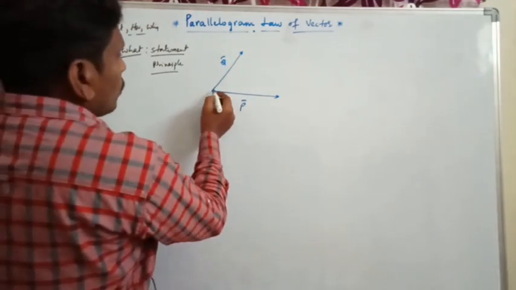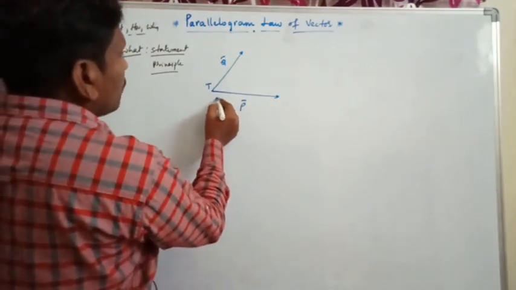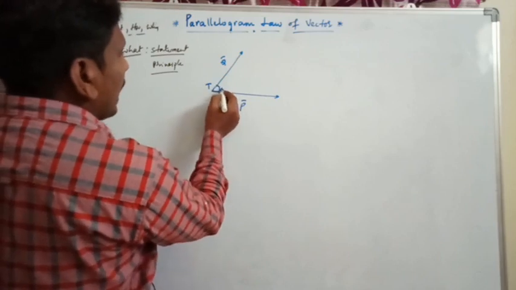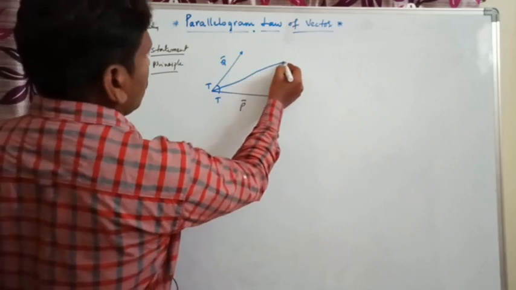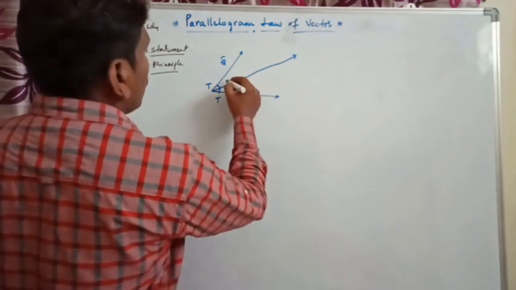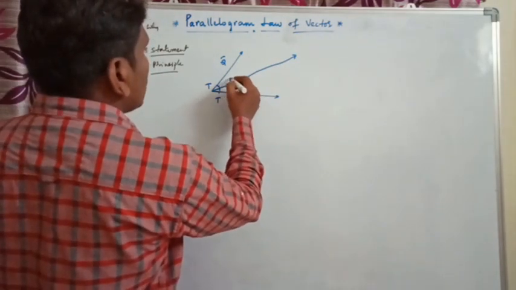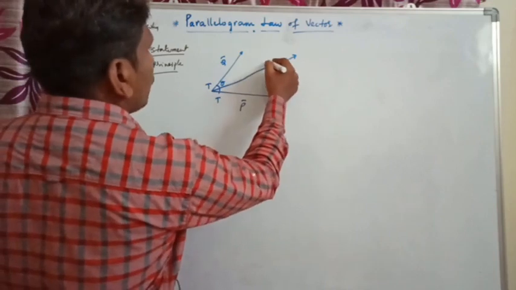When two vectors are added with respect to tails, an angle theta develops here and the resultant vector R bar is formed.